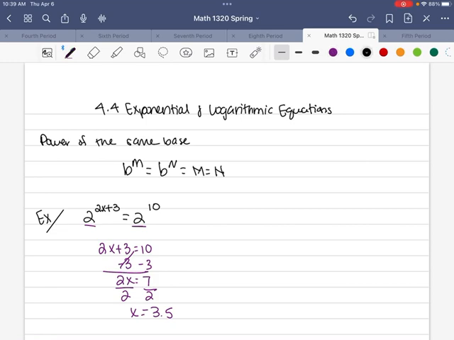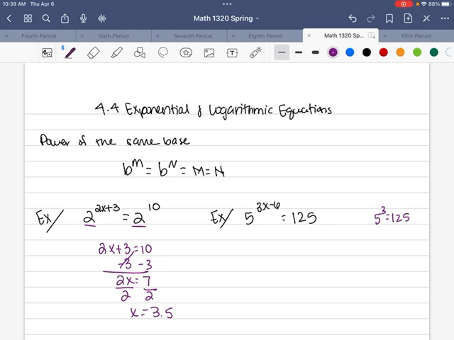All right, let's look at one that's not so obvious. Let's say we have 5 to the 3x minus 6 equals 125. When you first look at this, you can see the bases are not equal, because one's 5 and one's 125. But we can make the bases equal because we can rewrite 125 with the base of 5, since 5 to the third power is equal to 125.